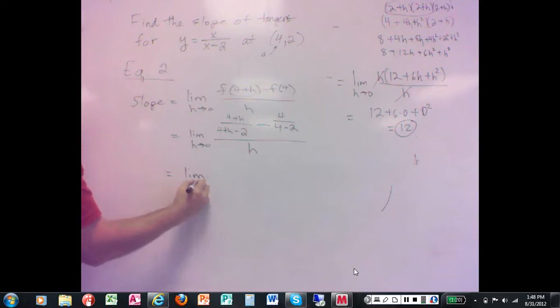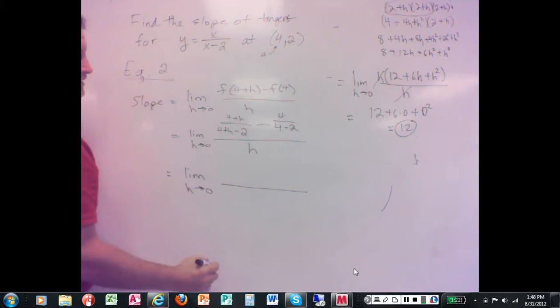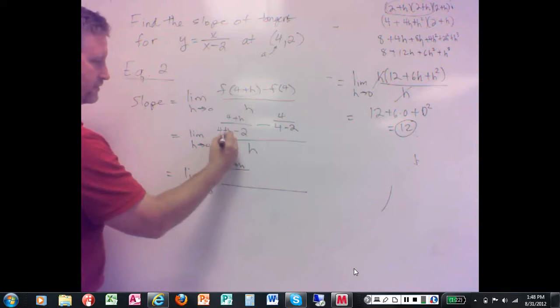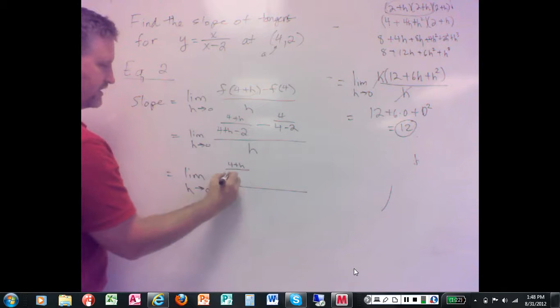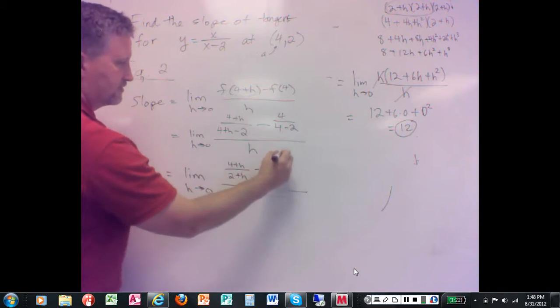All right, so that gives me the limit as h approaches 0 of, now this is 4 plus h over, that would be 2 plus h. And that would be 4 over 2.